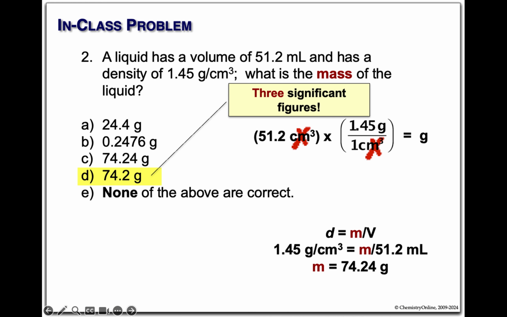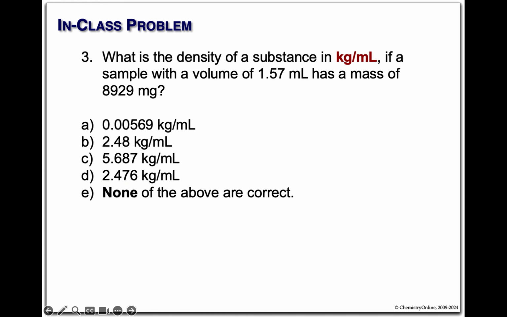Now this one is a combination of metric conversions, which makes everybody crazy, and simple density, which everyone can do. We're just going to calculate, we have a volume, we have a mass, but we want our units to be kilograms per milliliter.